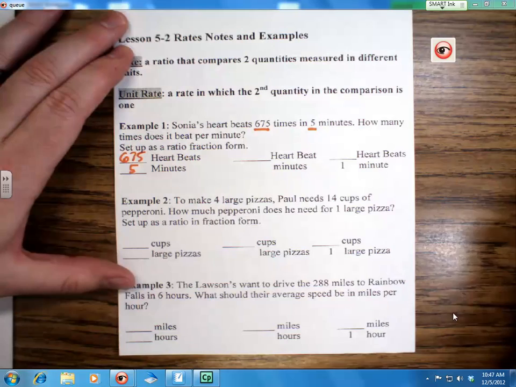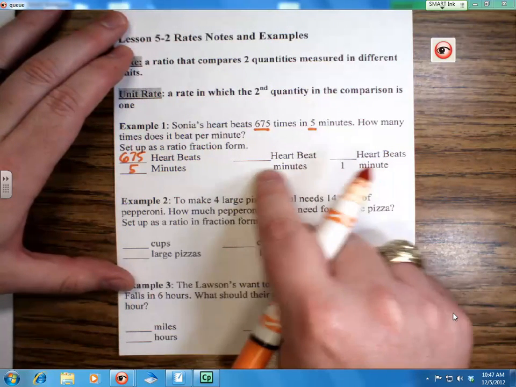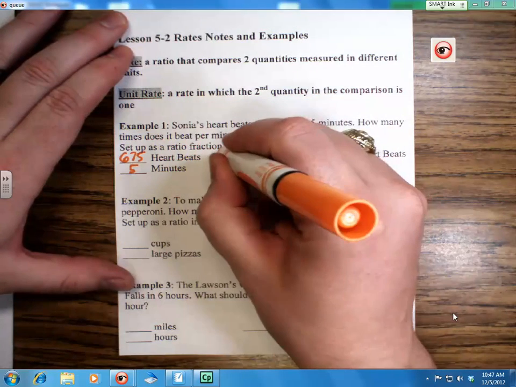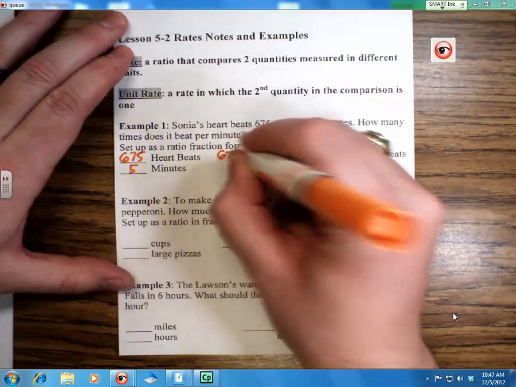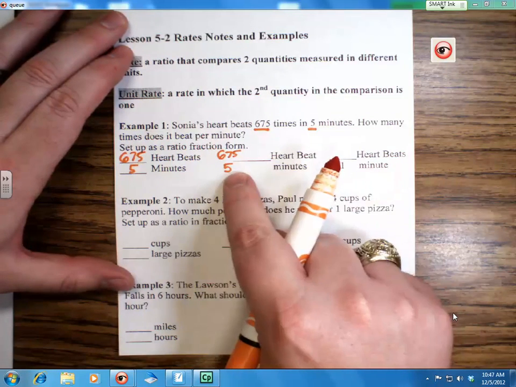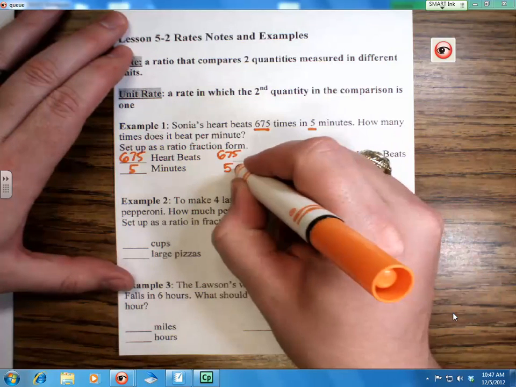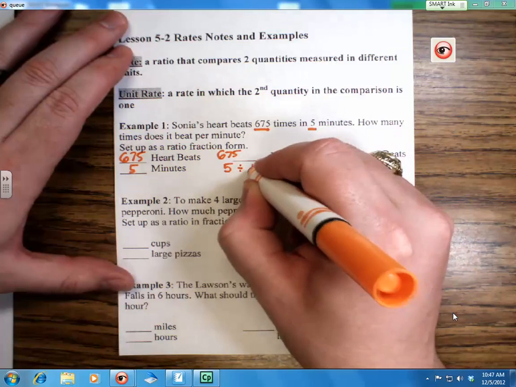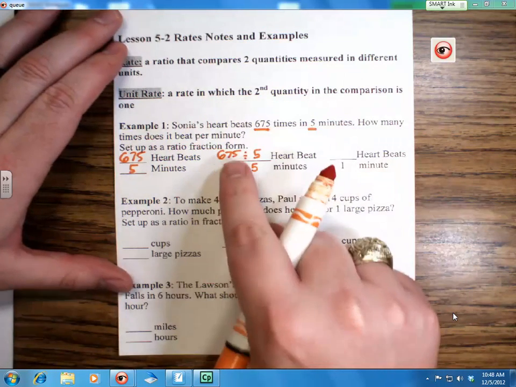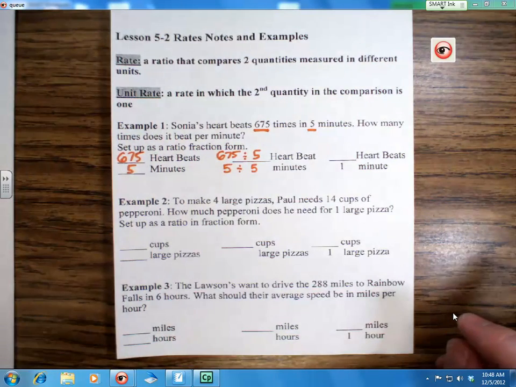Now we're going to do our work right here, because we need to get it down to be 1 minute. So we're going to have 675 over 5. Now, what I need to do is figure out what do I have to divide 5 by to get it to be 1? I have to divide it by 5, and I have to do the same thing to the top as well. So in order to solve this one, I really need to divide 675 divided by 5.